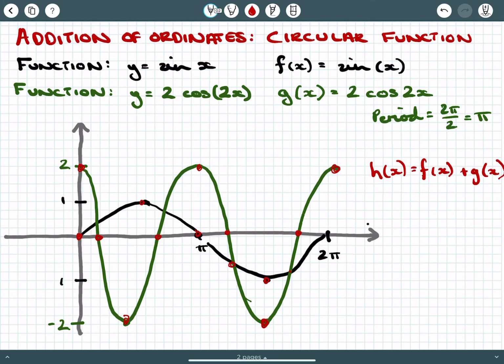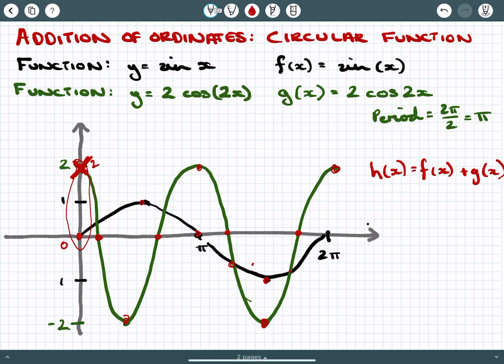So if I'm talking about, for example, these two coordinates here, well, that's 0 plus 2. The y-coordinate here is 0. The y-coordinate here is 2. Therefore, I have h(x) being there.